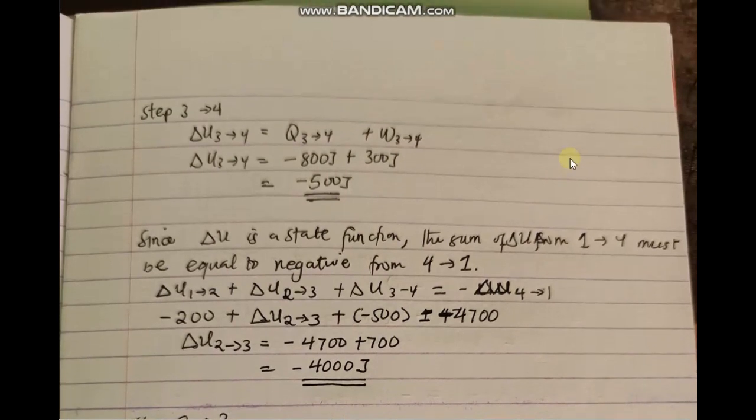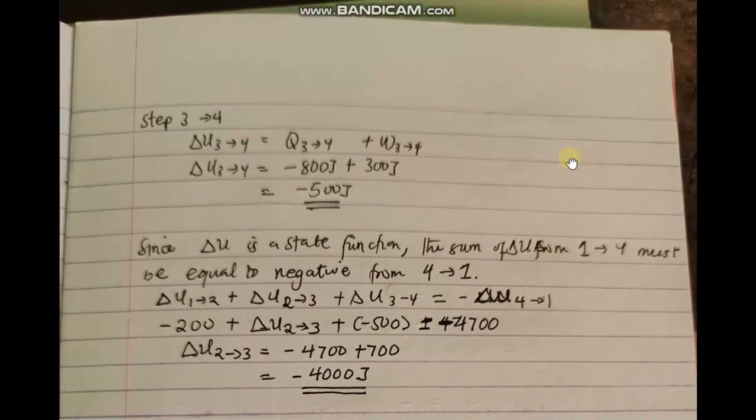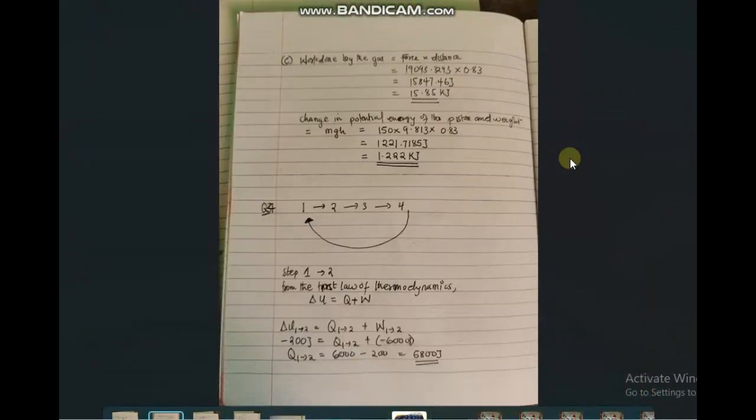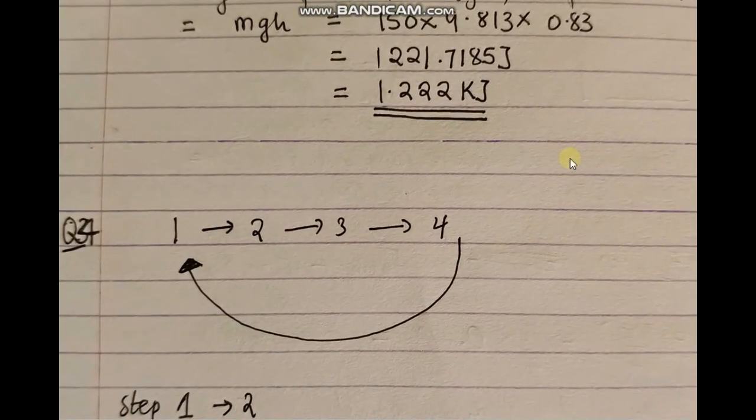Because the change in internal energy is a state function, the change in internal energy from process 1 to 2, plus from 2 to 3, plus from 3 to 4, must be equal to the negative of the change in internal energy from 4 to 1, because the process is going back from 4 to 1.